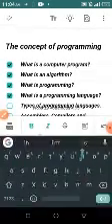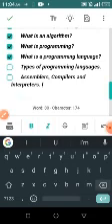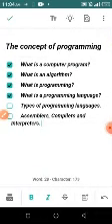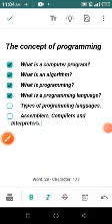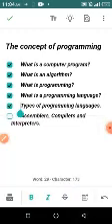There are different high level languages. Some examples: we have Python, the course we are working on here, Java, JavaScript, Ruby, C, C++, C Sharp, and the rest. There are thousands of them.